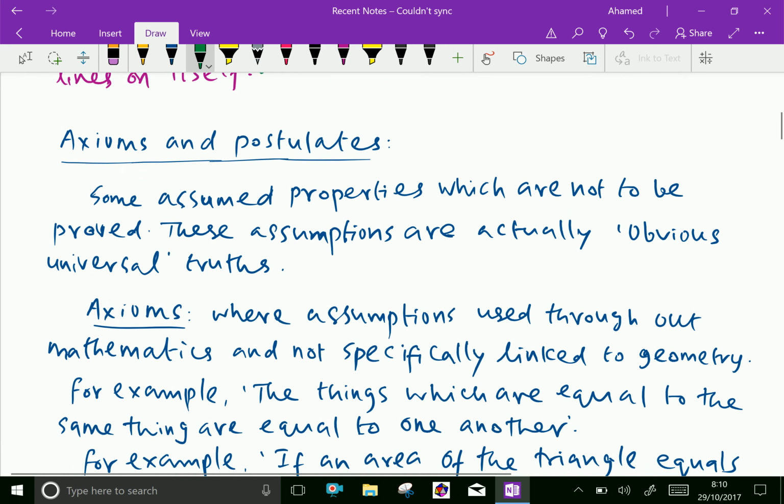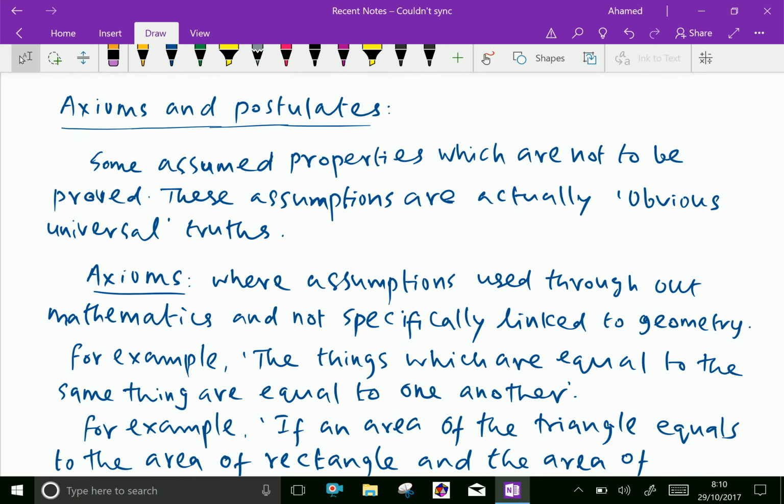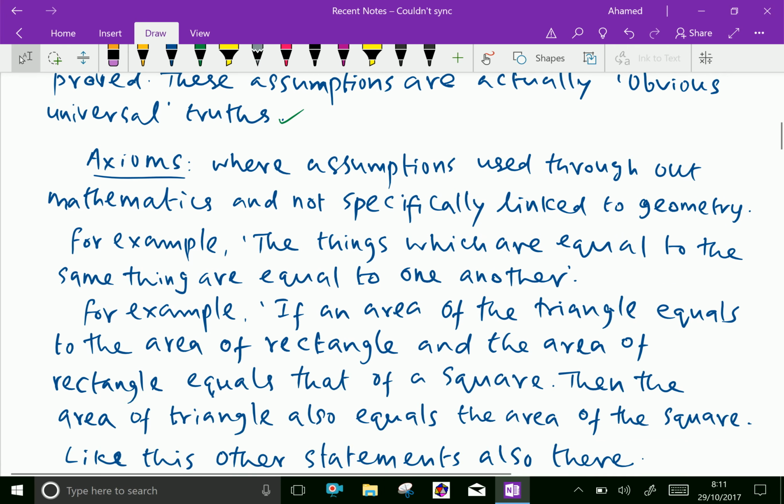Axioms and postulates: some assumed properties which are not to be proved. These assumptions are actually obvious universal truths. Axioms were assumptions used throughout mathematics and not specifically linked to geometry.